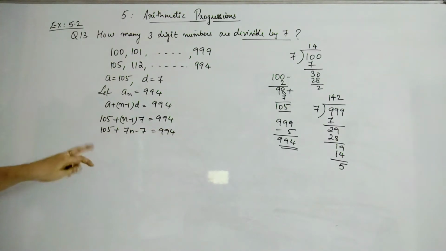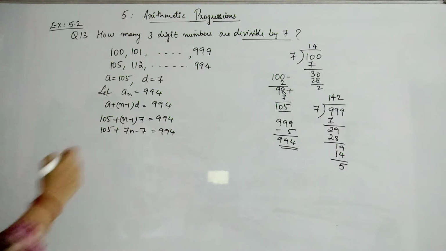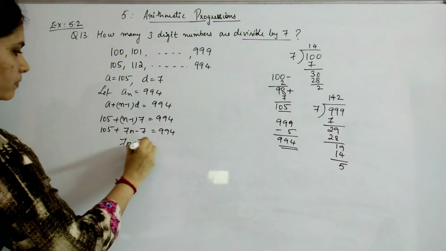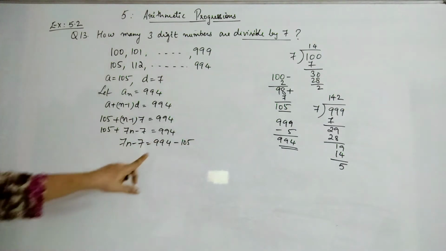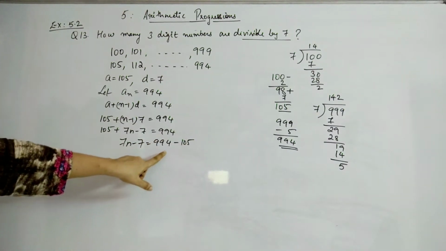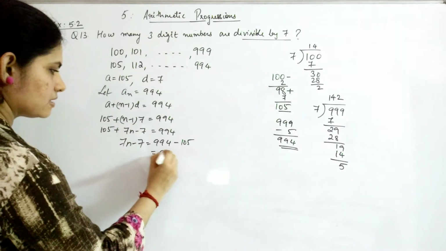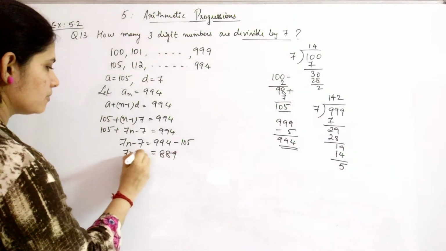Then 7 into n minus 1 will be 994 minus 105, and that is nothing but 889, which is your 7n minus 7.